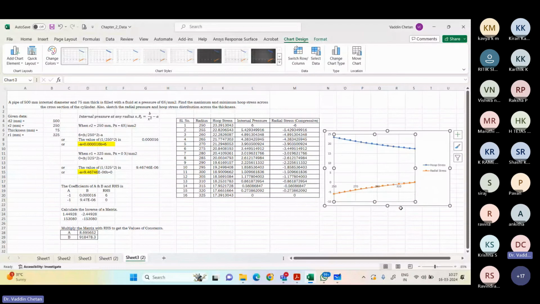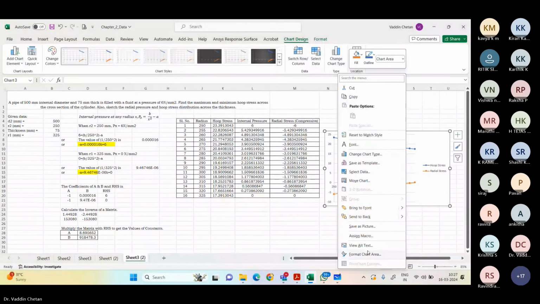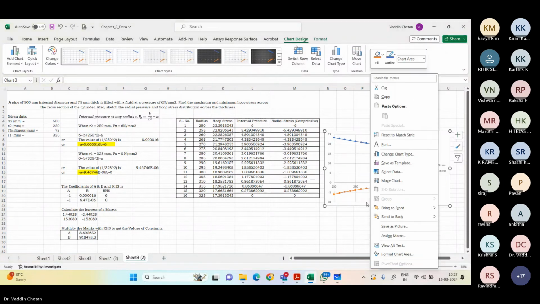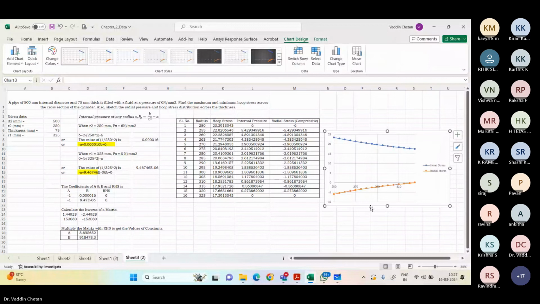Right click on that. If you want to add the chart title, you can add it. If you want to add the X titles, whatsoever, if you wish to, you can do that.